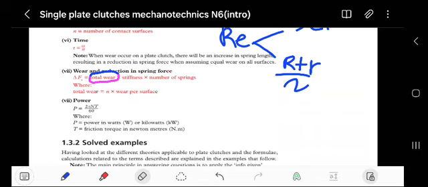I must understand that. Power does not change; the formula of power is the same thing there.